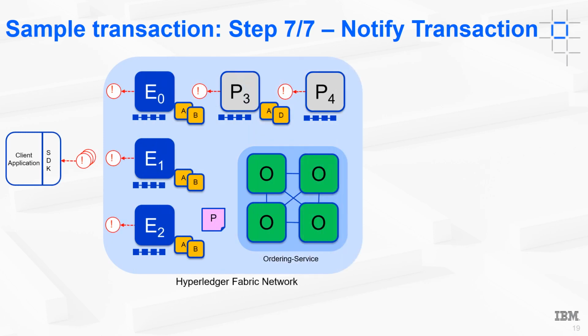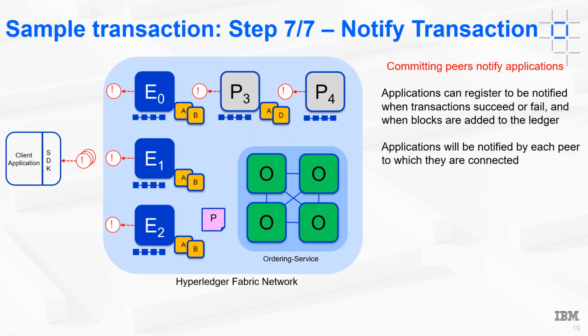Now, once the transactions are validated, these validated transactions are applied to the world state and retained on the ledger, right? In this particular scenario, the invalid transactions are also retained in the ledger, but they are not updated on the world state. Once this update has happened, the committing peer notifies the application so that they can update in real time.